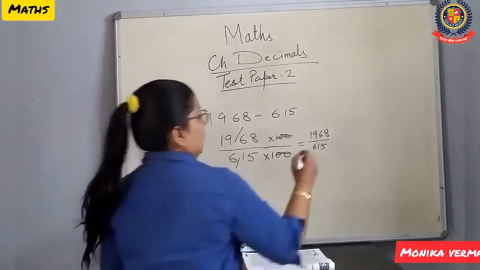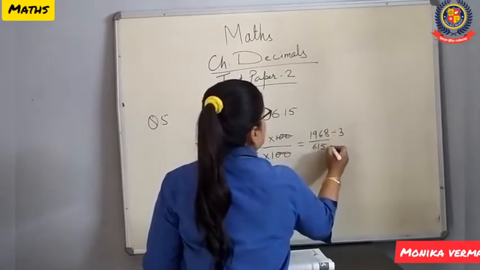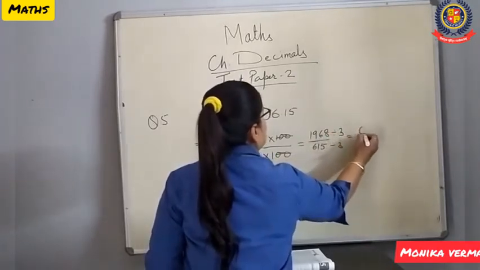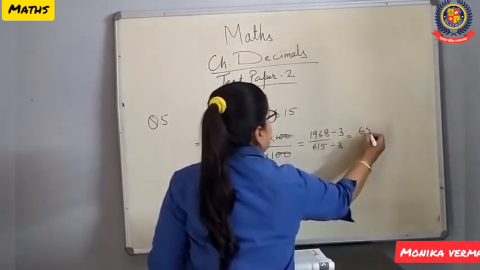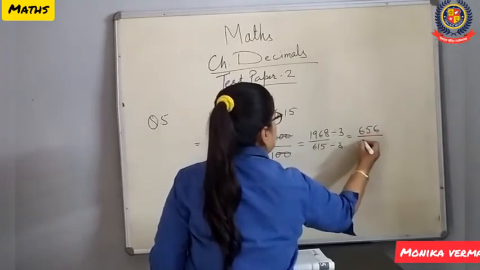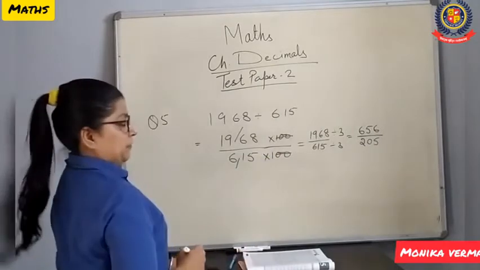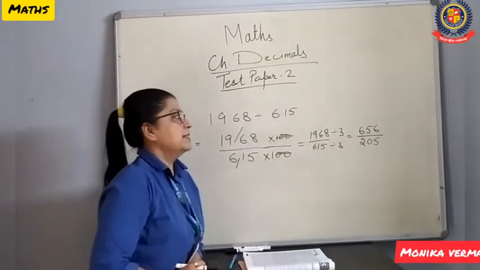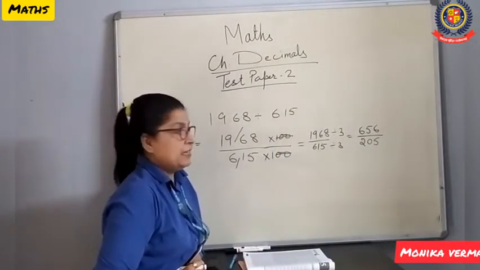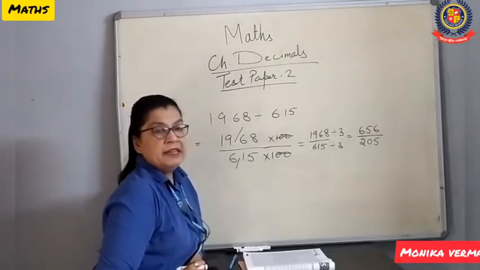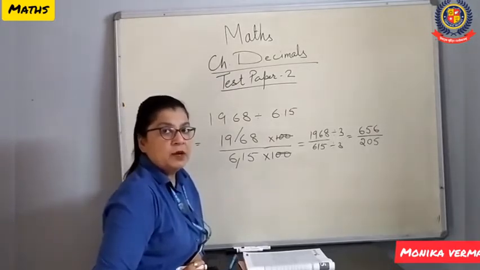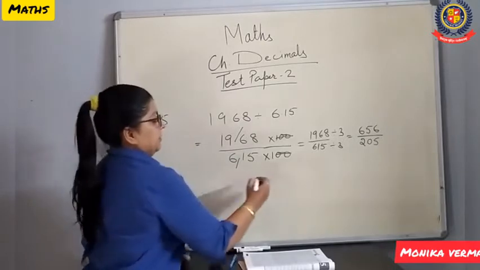So divided by 3, divided by 3. We'll get 656 upon 205. Now 6 plus 5 plus 6, 17, and denominator 7. Both are not divisible by 3. So let's divide it now.